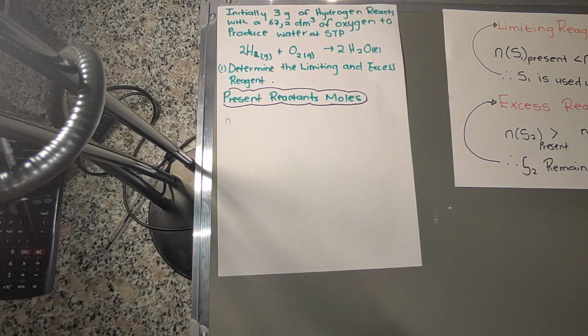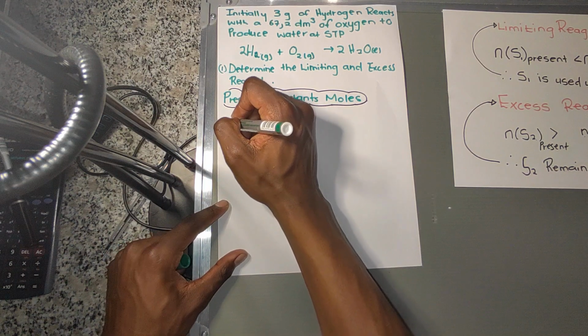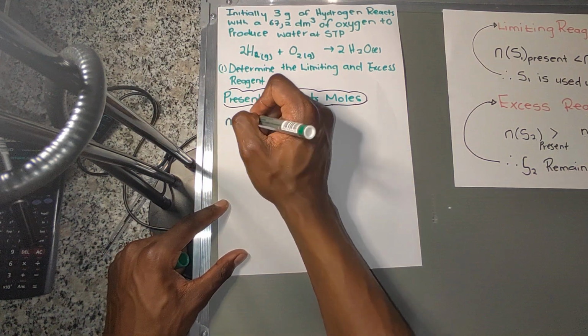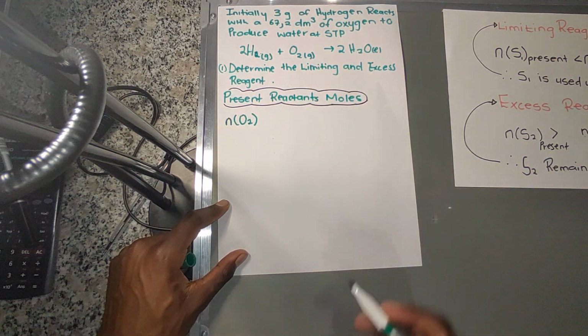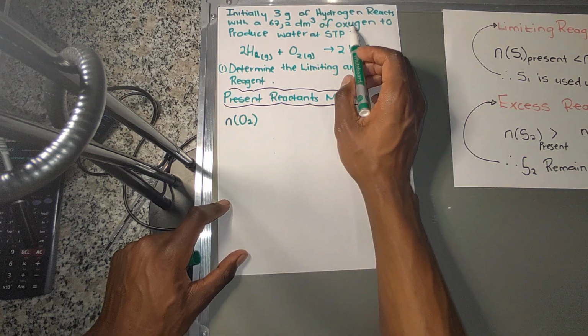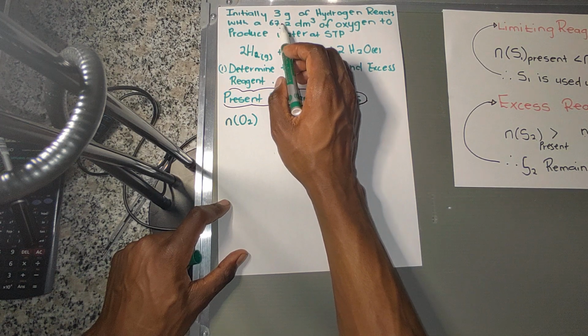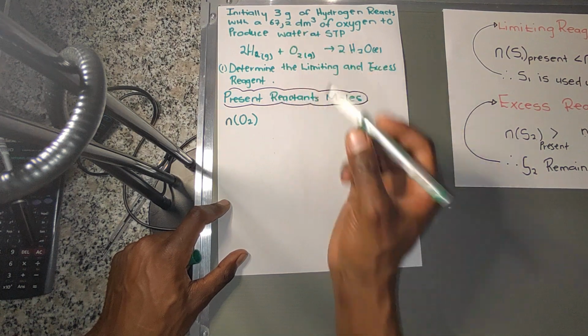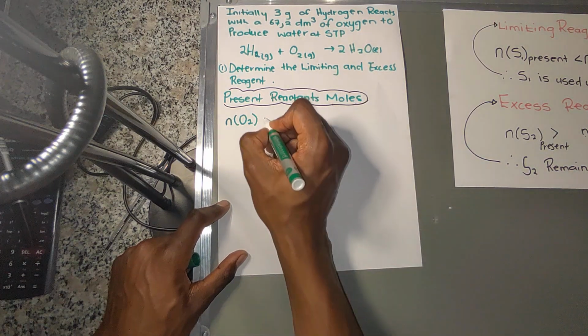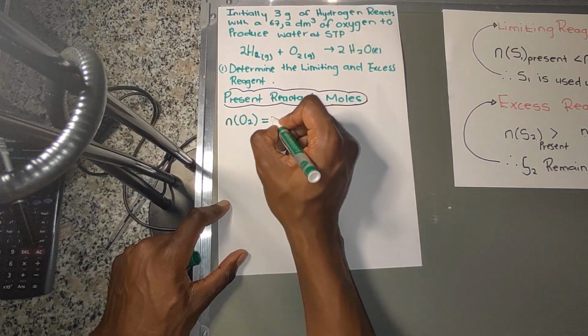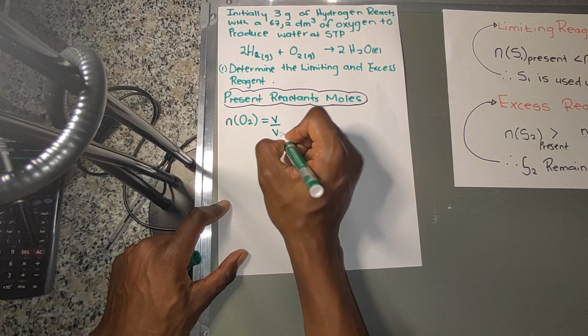Let us find the initial number of moles of oxygen. What do we have? For oxygen, we have a volume that is reacted at SCP. So we can find this initial number of moles. The number of moles of oxygen will be V over Vm.